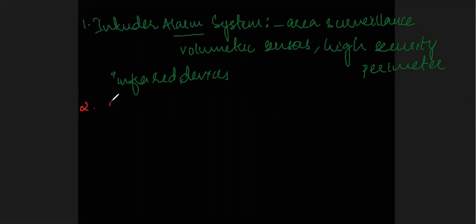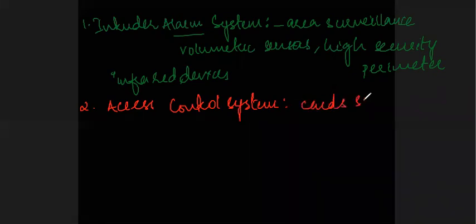The second one is the access control system. Within this access control system, you can have a card system, where any authorized person will be given a card. If the person swipes the card, then only he'll be given access. Or you can have biometric verification.